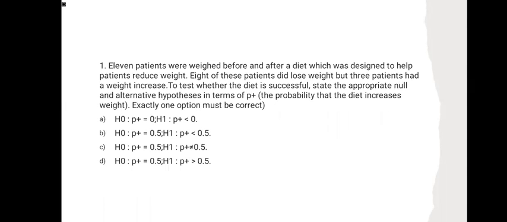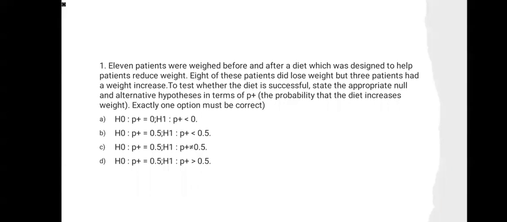Which option must be correct? H0: P is equal to 0 and H1: P is less than 0. Second option: null hypothesis P is equal to 0.5 and alternate hypothesis P is less than 0.5. Third option: P is equal to 0.5, whereas P is not equal to 0.5.